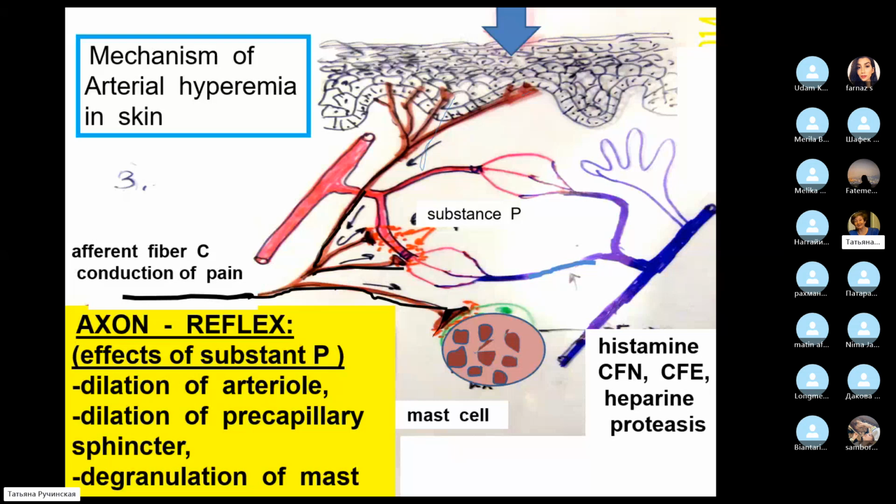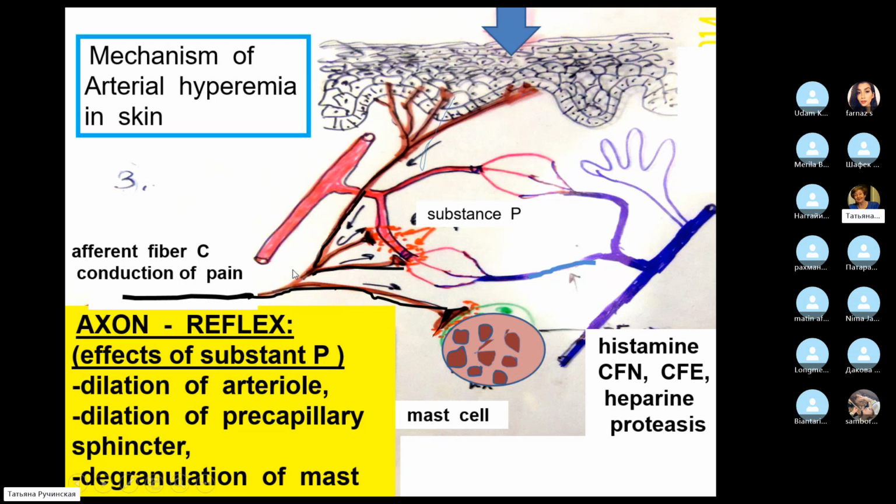And there is only one type of receptors named nociceptors, which are the free nerve endings. They come to the border of epidermis and derma. So if there is injury in the skin, there is activation of these nerve endings.